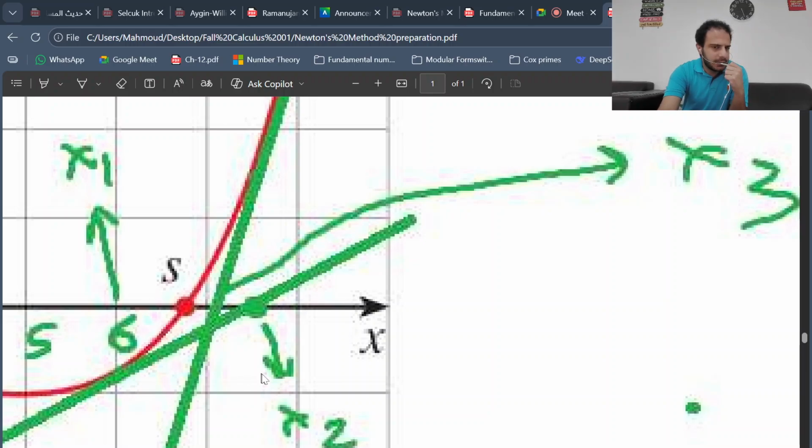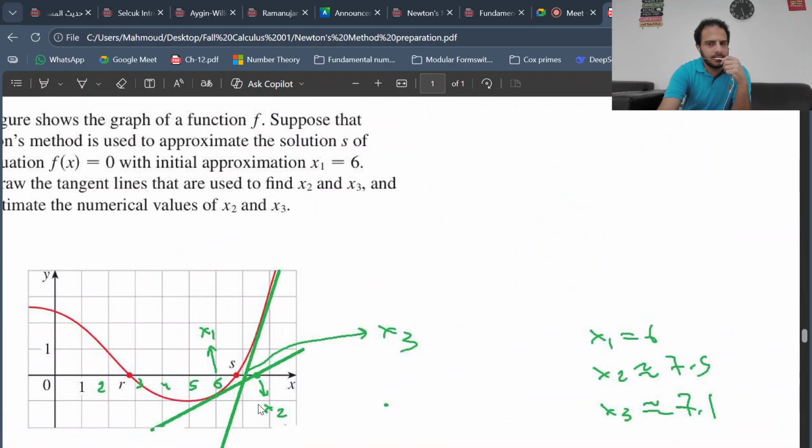So this is the idea of this question, that it's not necessarily true that if you choose the point closer to the solution, it will converge faster. It's better to choose closer, but this question tells you that it's not necessary that you will have it faster. Good.